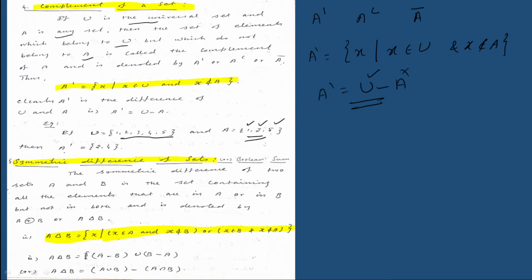In such cases, what is A dash? Leaving the elements of A, which are 1, 3, 5, you have only 2, 4. That gives you A complement.